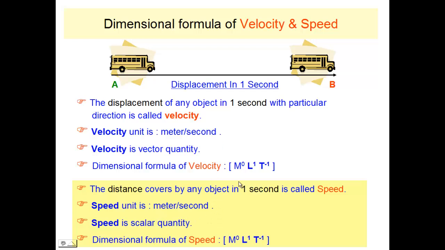So the dimensional formula of velocity and speed is equal. The only difference is that velocity is a vector quantity and speed is a scalar quantity.